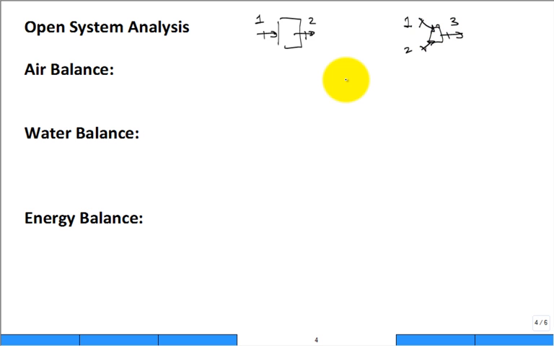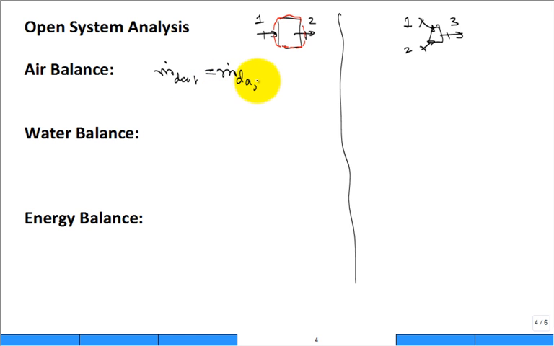What we're going to do is an air balance for both of these. So if I do a control volume and I say, is there conservation of dry air in the system? Yes or no? Yeah. And so what would the dry air balance look like? You'd say the mass flow rate of dry air coming in at state 1 is equal to the mass flow rate of dry air going out at state 2.